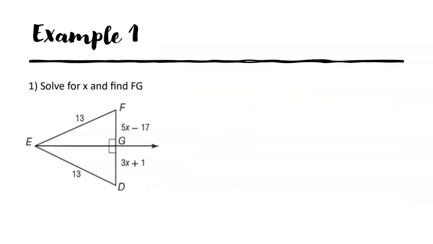Okay, so here's my first example, and this is my thought process on that first example. My first thought is I noticed that EF and ED or DE are the same length. They're both 13.